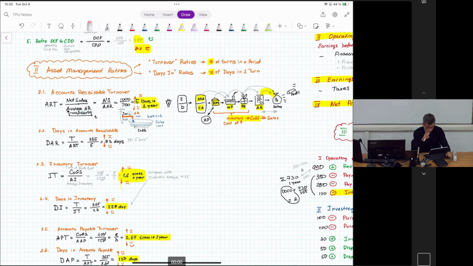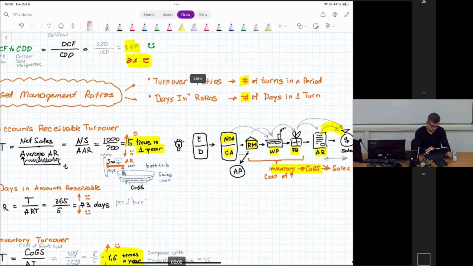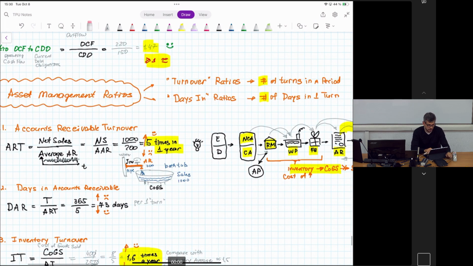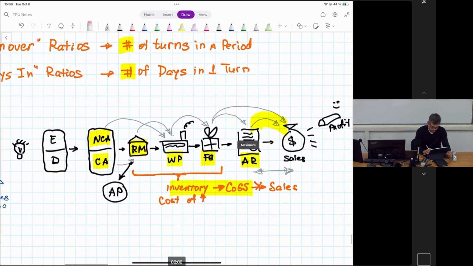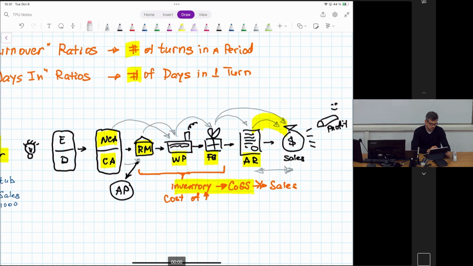There are two groups. One of them is turnover ratios, which count the number of turns that our asset turns itself over into something. It may be sales or cost of goods sold. We use this picture where I showed the overall capital turnover.